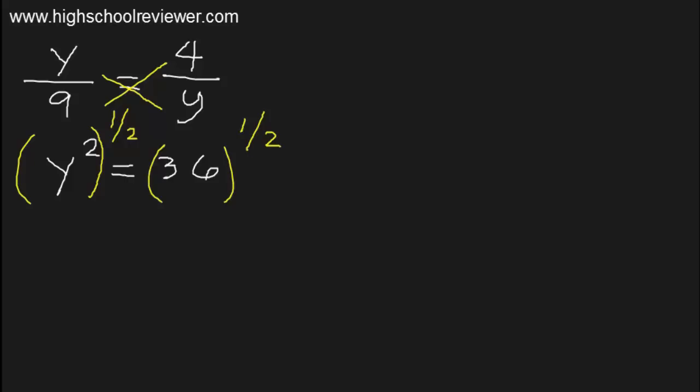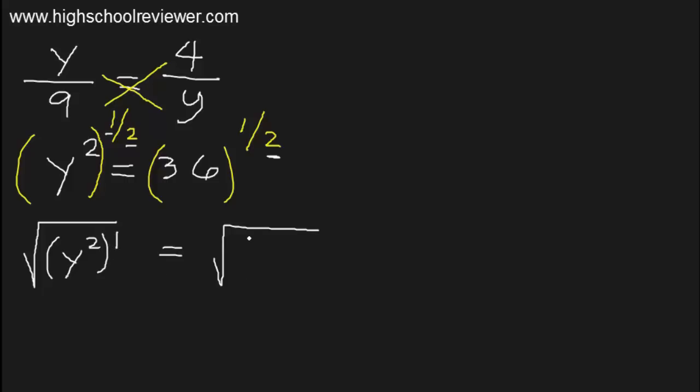And since the denominator of the exponent is 2, this will be equal to the square root. So we have here y raised to the power of 2. Its exponent will be the numerator, and that is 1. So 36 is the base.